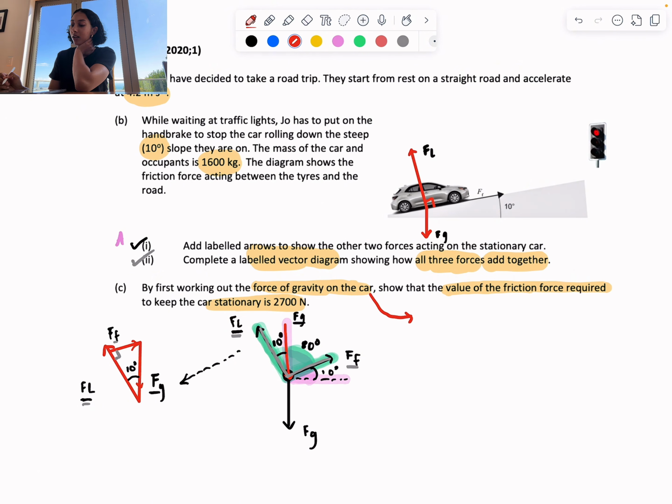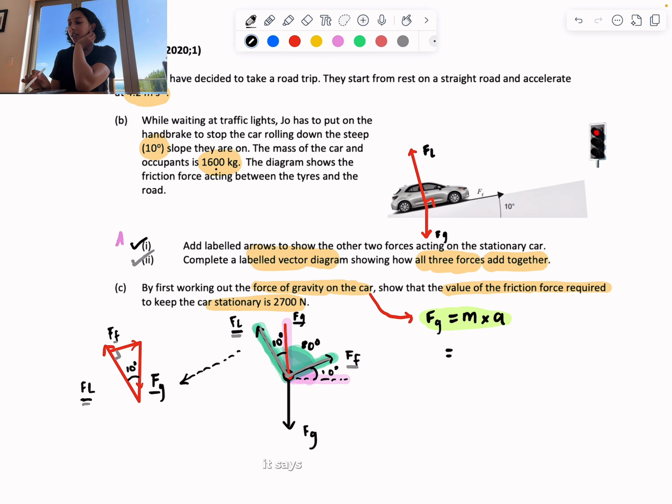Okay, so that is going to be using this equation here. I'm going to do Fg for gravity. Fg equals m times a. That's the equation that we should use, and that's on your resource sheet. Let me highlight that. So let's do what the question is asking us to do and work out the force of gravity on the car. So let's substitute what we have.